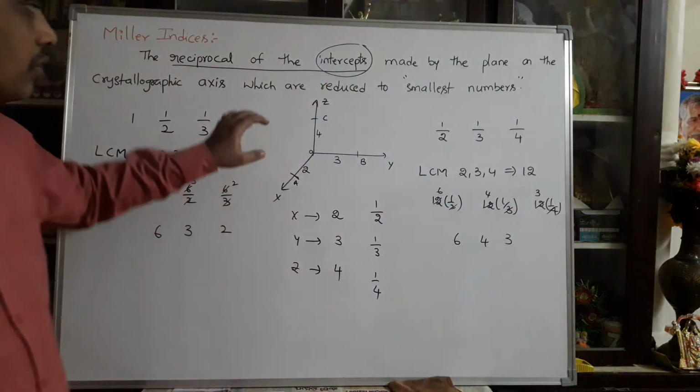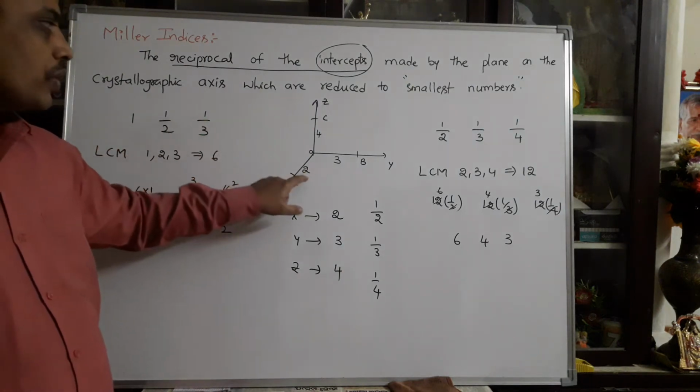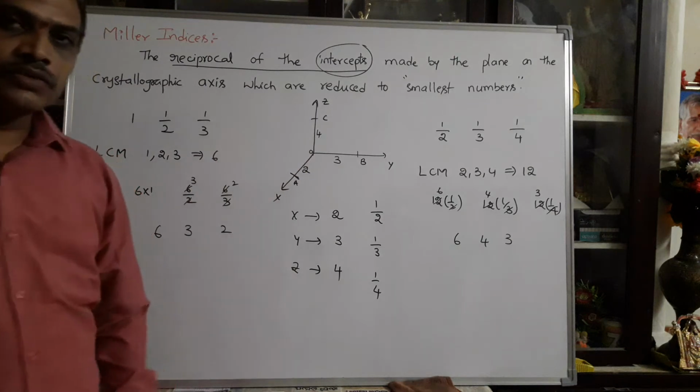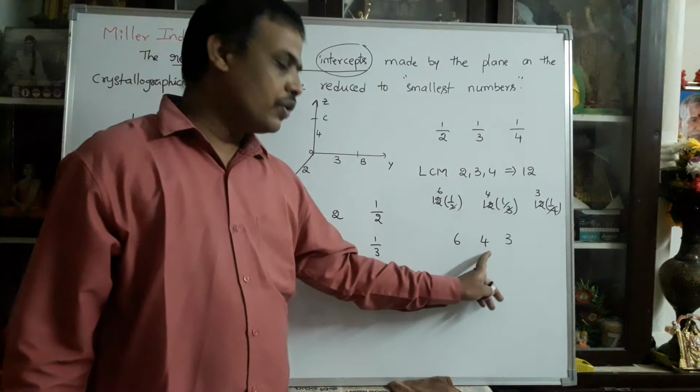According to this example, the plane cuts the axes at 2, 3, 4 units along x, y, z, and the Miller indices are 6, 4, 3.